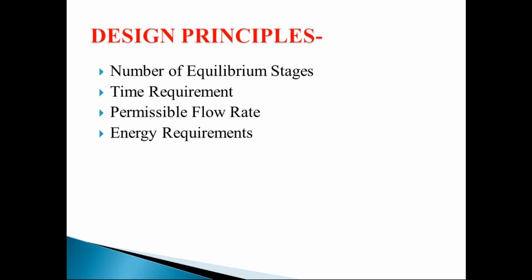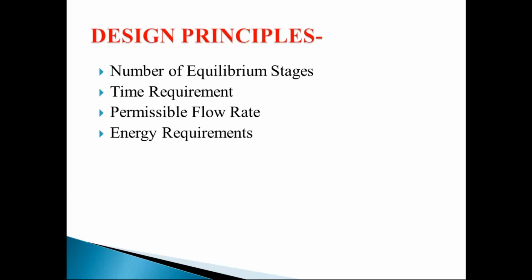Next one, energy requirement. Energy requirement is the most important parameter. We should know whether the process is energy consuming, meaning whether the process is energy efficient. If energy requirement increases, the cost of the process or the cost of the equipment also increases.